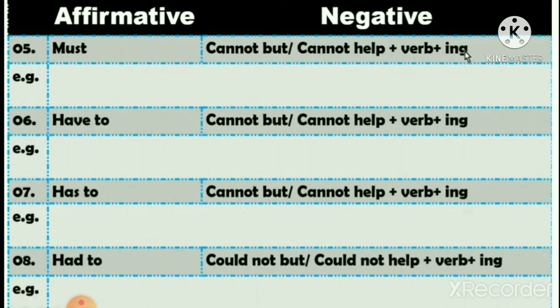If we use cannot help, the verb will be added with ing. Okay, and have to, has to, in the same way we can change with cannot but or cannot help. And had to, this is past form, so we can change it into could not but or could not help plus verb plus ing.